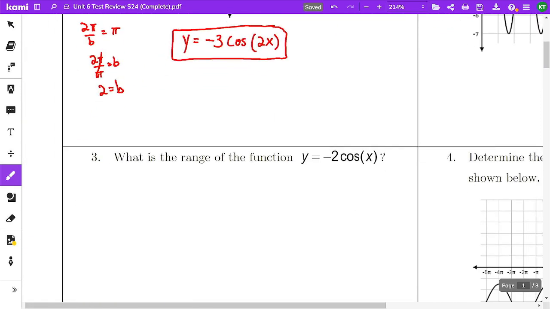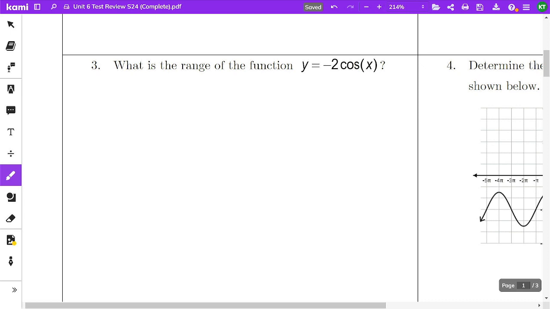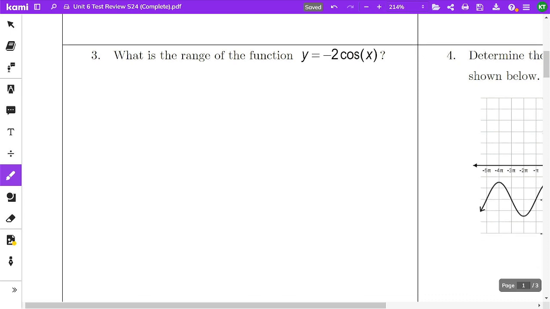Okay, moving on to question number 3. This one's asking us for the range of the function y is equal to -2 cosine x. If I draw a general sketch of this graph, I know it's a cosine and it's a negative, so it's going to be starting at my lowest value.